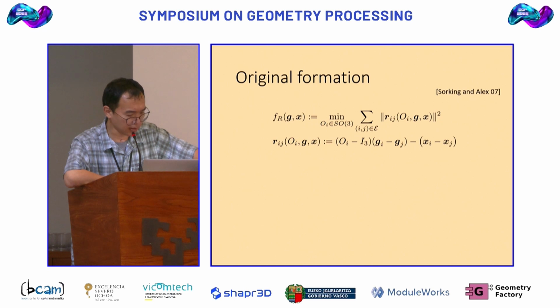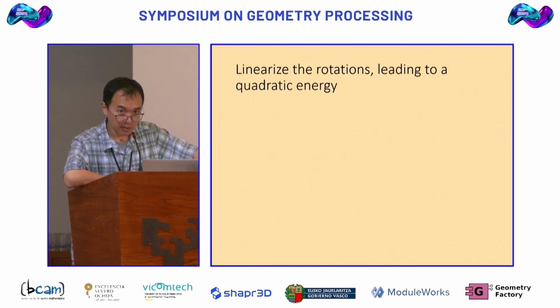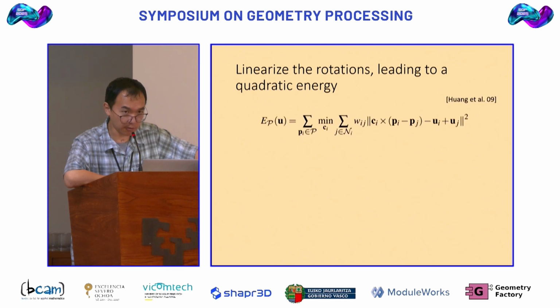Number two is that in the original ARAP formulation, you have to solve a nonlinear objective optimization problem. We don't have a closed form solution. But if you only care about doing so locally, you can actually linearize the rotation.